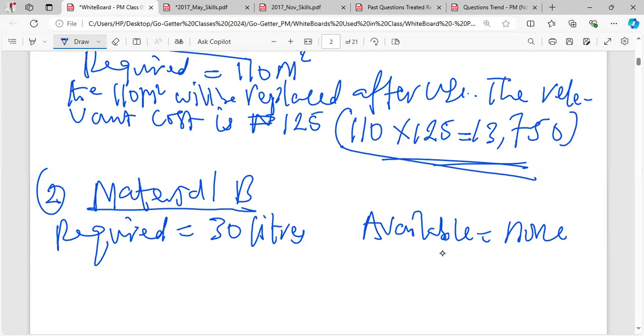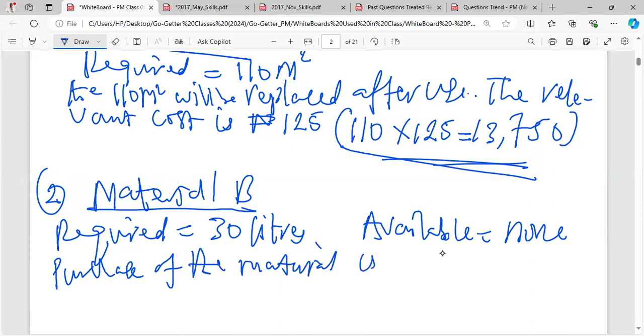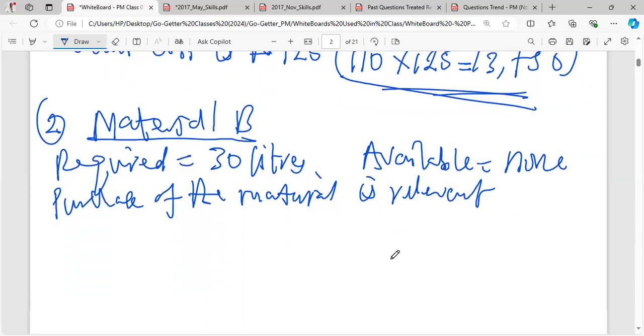No, it is not available. So what do we mean? It means that purchase of the material is relevant. So we are going to purchase this material.